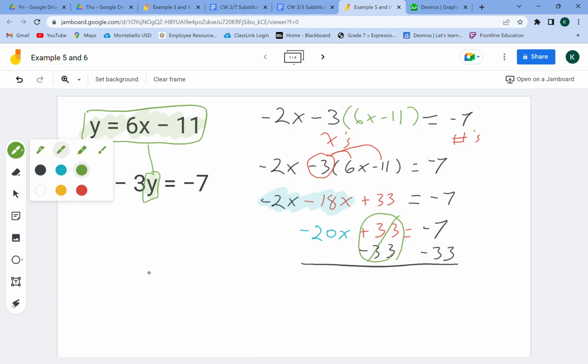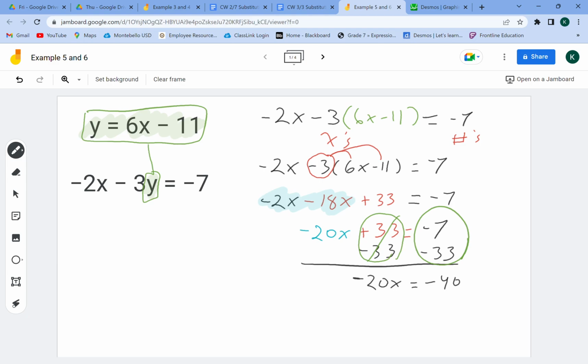So what I'm left with on the left side is just negative 20x equals. Okay, then I combine these two terms together, and notice that it's a party and it's a negative party, so I'm going to have negative, and if I combine those I get negative 40.